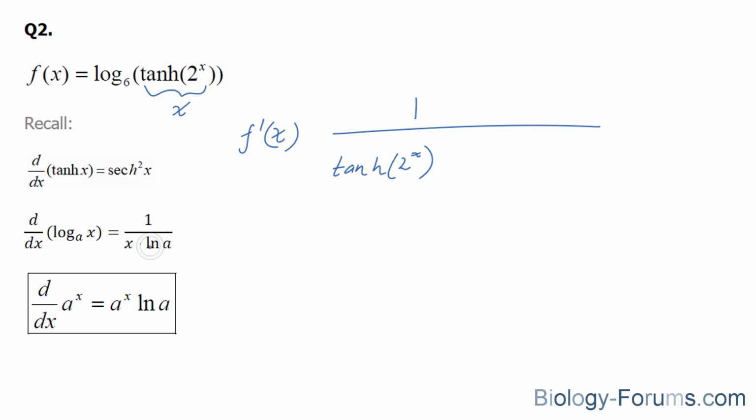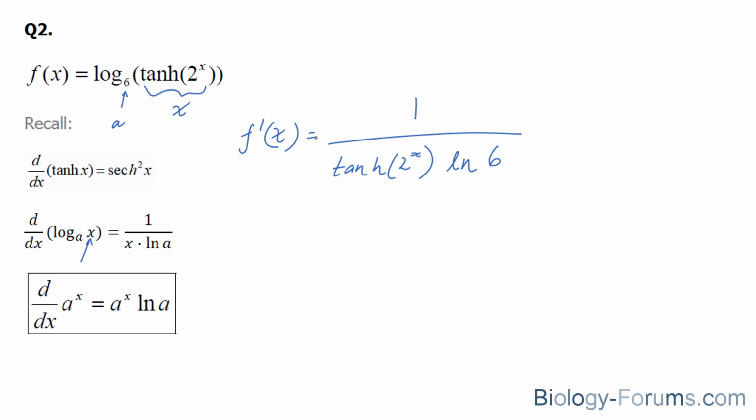And we have ln of our a value, and in this case it's 6, that's your a value. And what's not shown in this pattern here is that you also need to find the derivative of that. So we have to find the derivative of tanh 2 to the power of x. Let's do that. First of all, let's make this smaller.